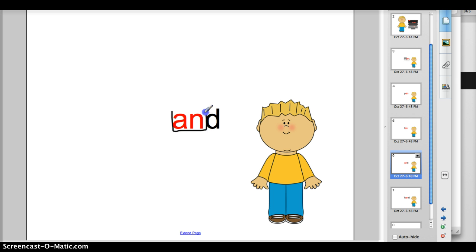That's the first sound. The last sound in the word is D. Now when I try to sound that word out, it is "and." Now, I didn't have a picture for "and" because I didn't really know how to show it. We also did it with the word "hand."